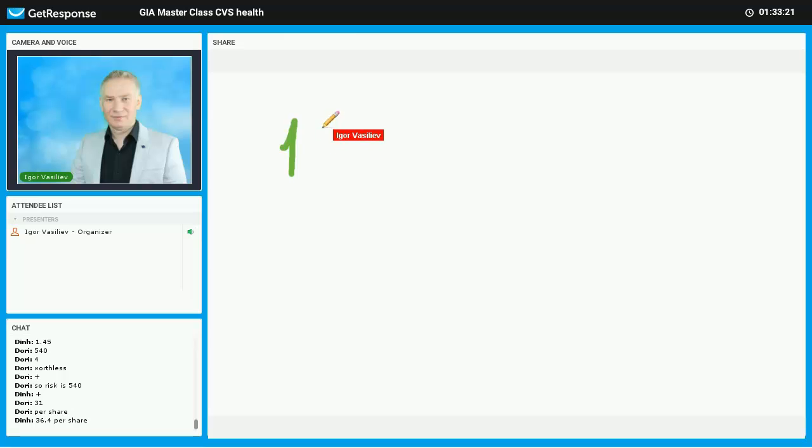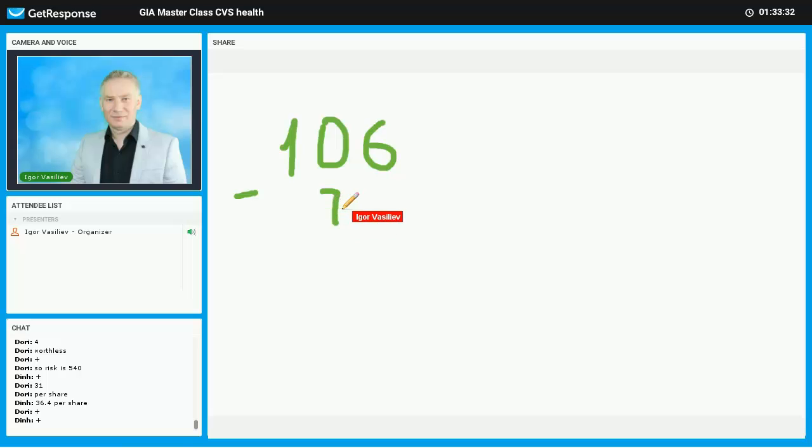So 106. Can you see the whiteboard? Yeah. Okay, perfect. Minus 75. So we buy at 75 and sell it at 106. So we get what Dory gave us, $31. So that would be the sale revenue.